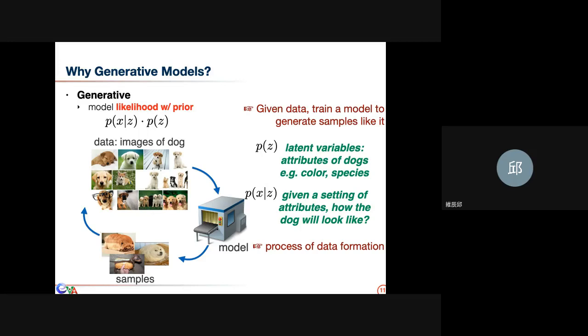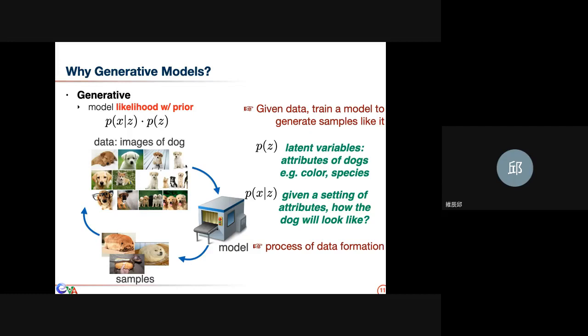So maybe the data distribution of your samples is not able to well approximate the data distribution which is given to you.